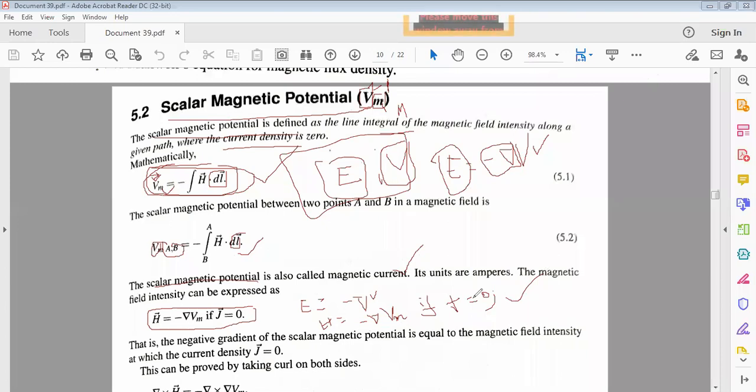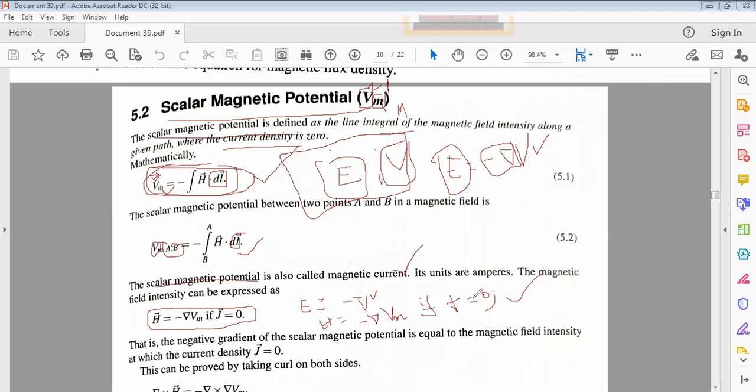Now tell me, what is the scalar magnetic potential? The minus sign is always the degradation or reduction, and the resultant is the negative integration of the magnetic field strength along that line.